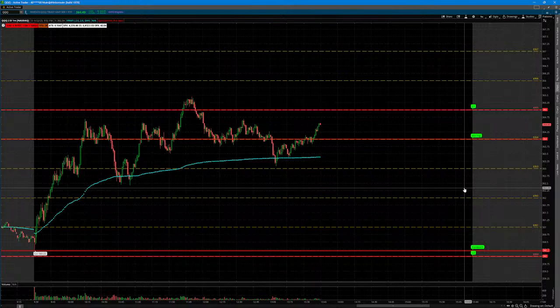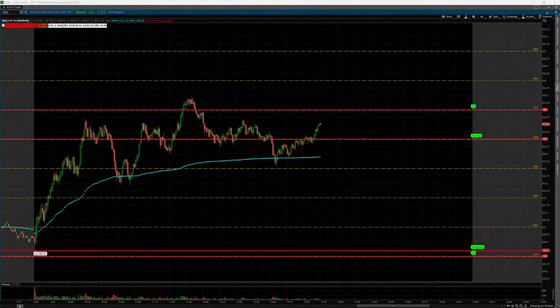This is a 1-day, 1-minute chart. And really the level to note here is this volatility trigger at 364. After the sharp move up in the morning in the first 30, 45 minutes, price has really oscillated up and down around that level.